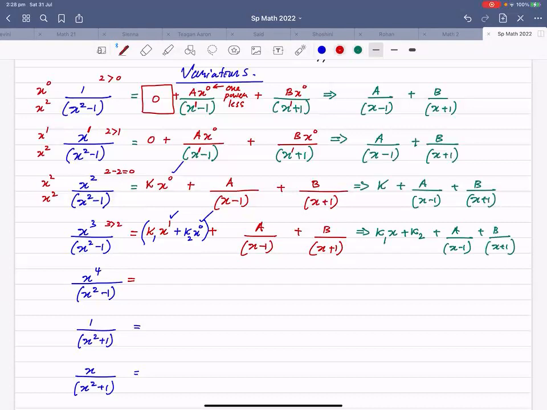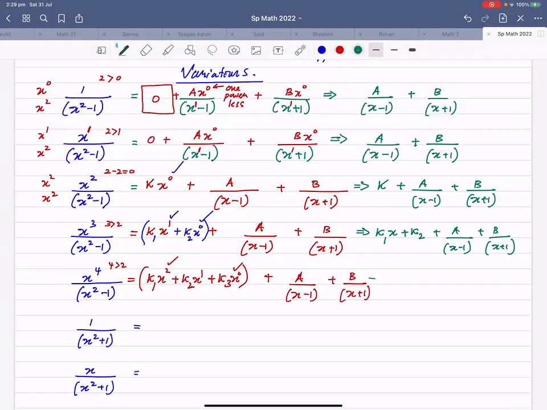What about this one? So you can see now 4 greater than 2. 4 minus 2 is 2. So what do you do? K1 x squared plus K2 x1 plus K3 x0. So if you start from 2, you have to end it by the 0 value here, and then plus a divided by x minus 1 plus b divided by x plus 1.